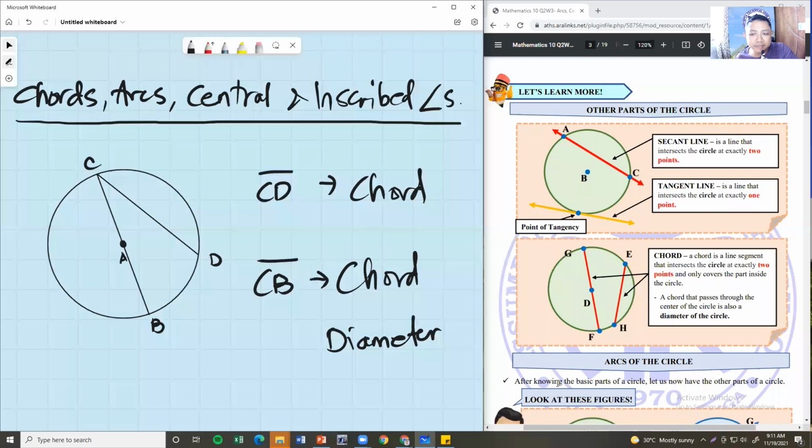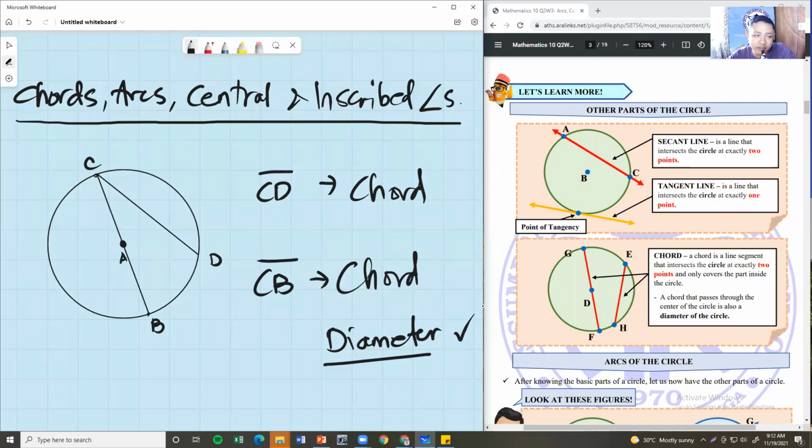Only one answered. Okay, there are yes and no answers. Now, here it is. There's no question about it being a diameter. The endpoints are points on the circle, and it passes through the center. So, diameter is correct. What about the chord? Is it still a chord?